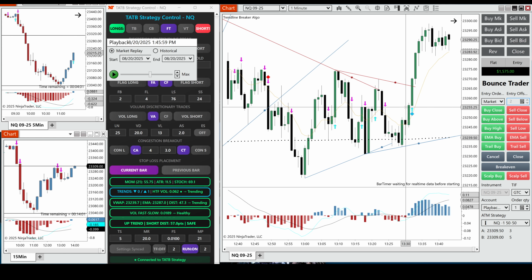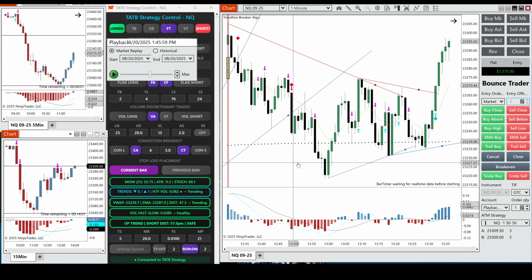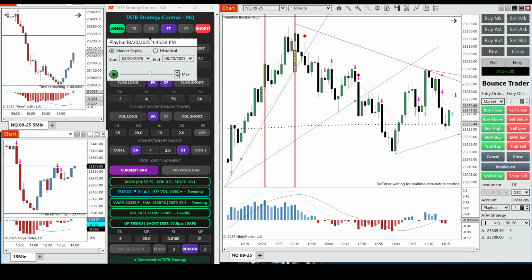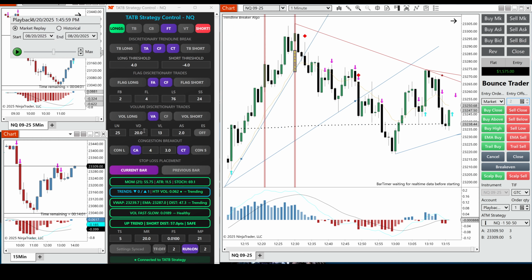Like if you're using discretionary trading, just find any good solid opportunity to go short when you have these bars, when you have this printed. Same on 5-minute. Let's see what else. So that's the congestion volume.